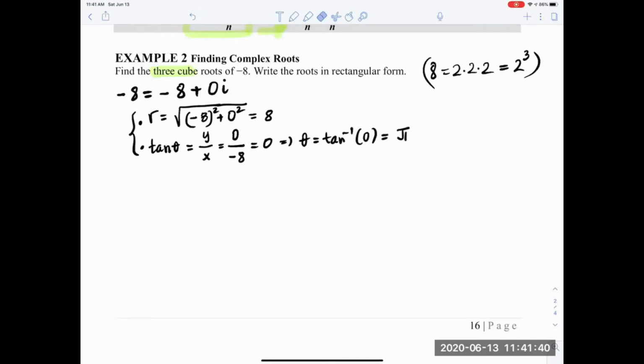So right now, if you are looking at negative 8 plus 0i, and we have r and we have theta, from these I can rewrite my negative 8 as nothing else but 8 times the parentheses of cosine of pi plus i sine of pi.